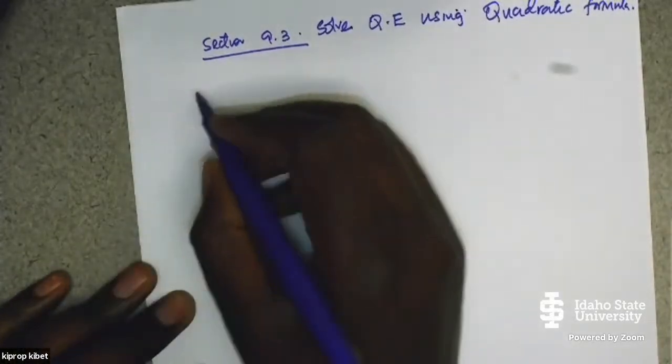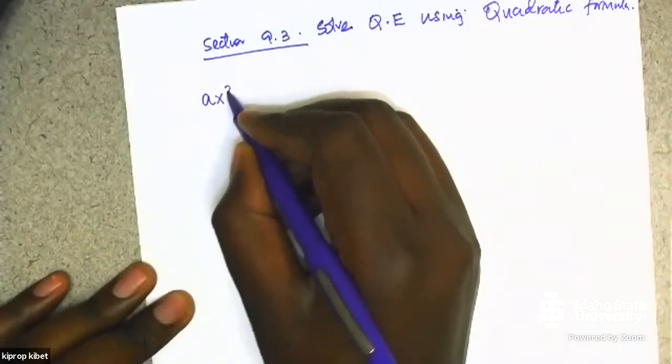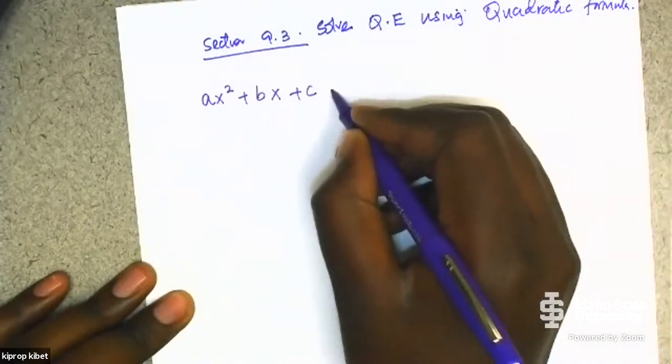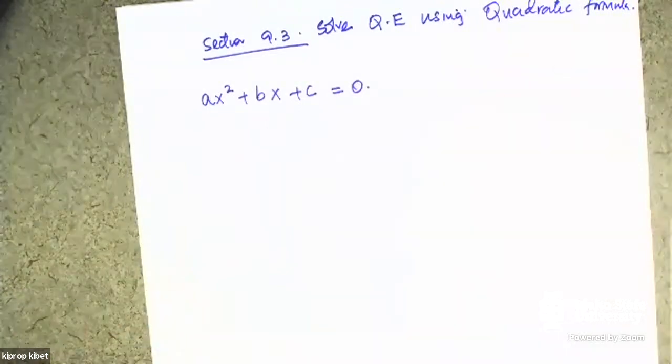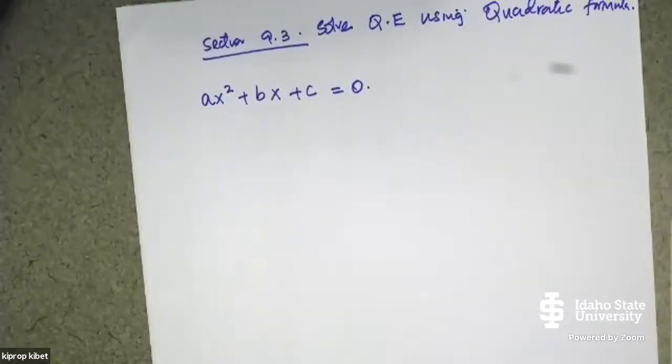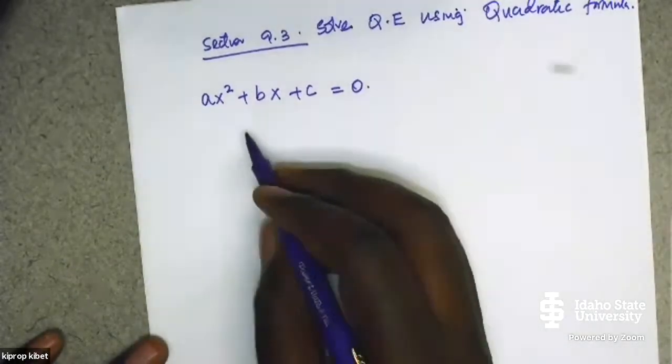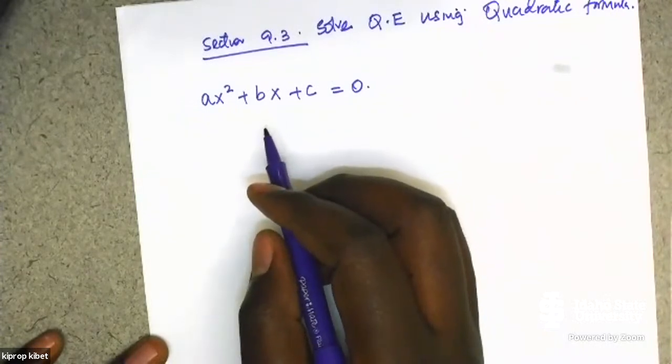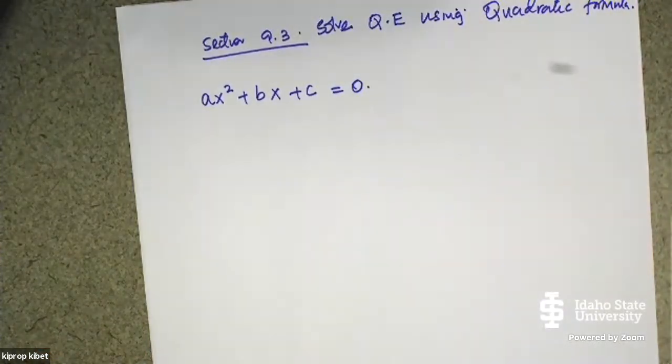If we have a quadratic equation of the form ax squared plus bx plus c equals 0, how can we use completing the square to solve that? What is our first step?